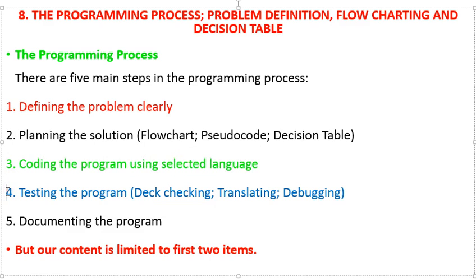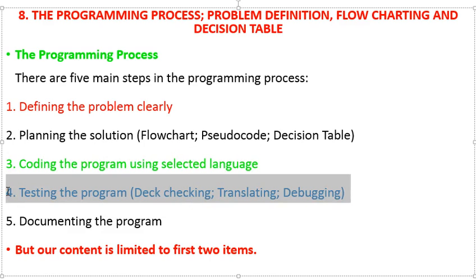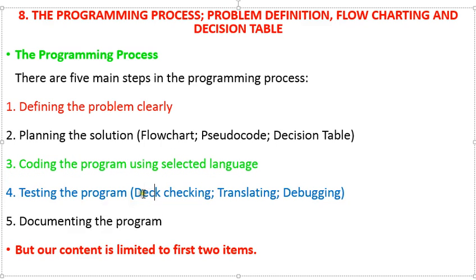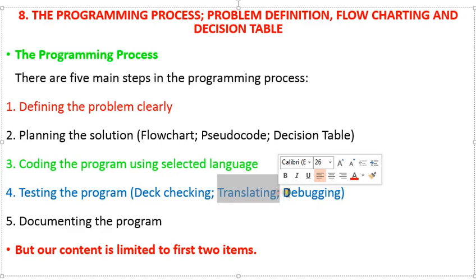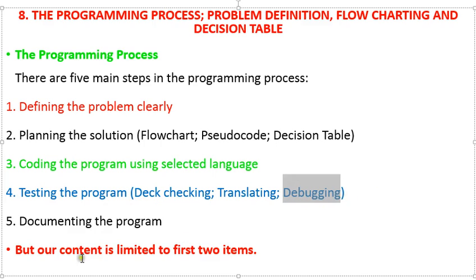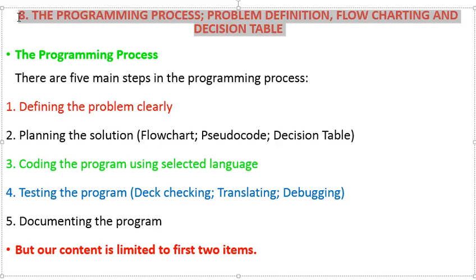After writing your program, you test it, and this testing is done in 3 steps: checking, translating, and debugging. The last of the 5 steps of programming is documenting your program. But under item number 8 here, our concern is limited to the first 2 items, which include defining the problem and planning for the solution.